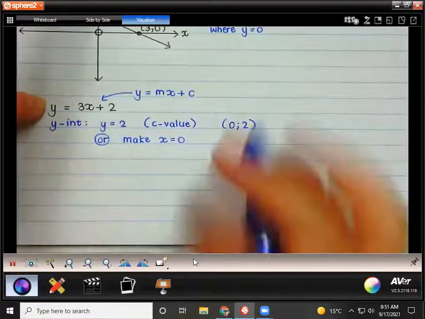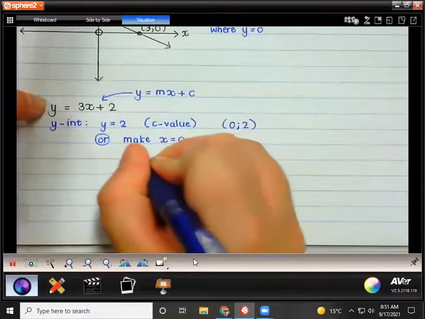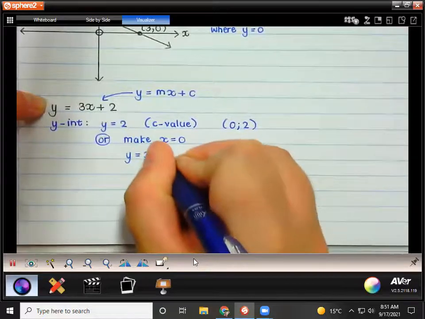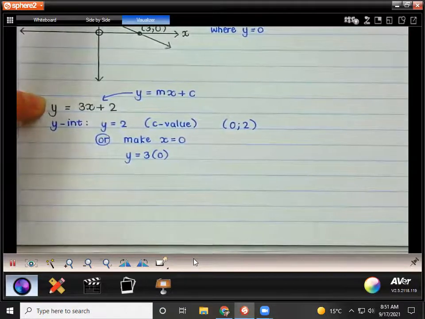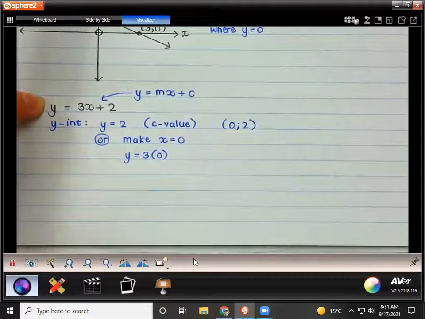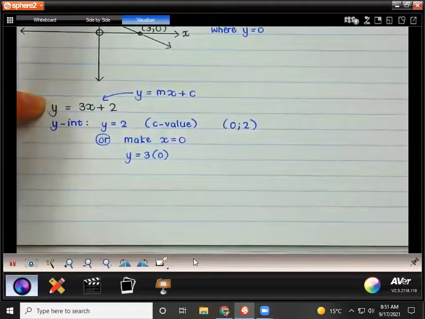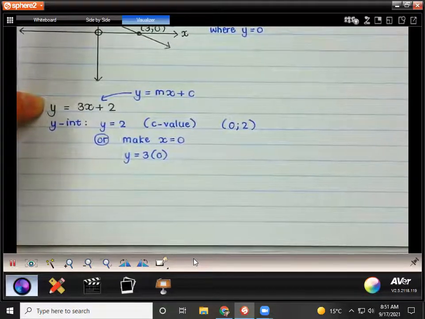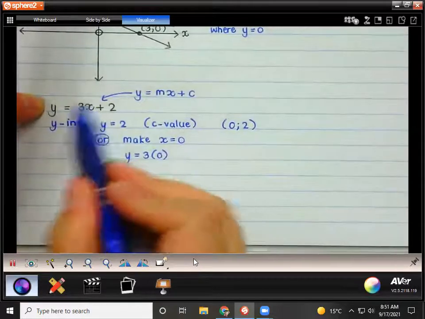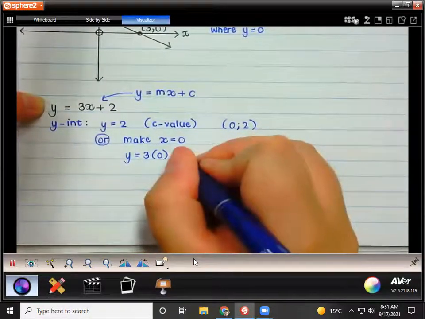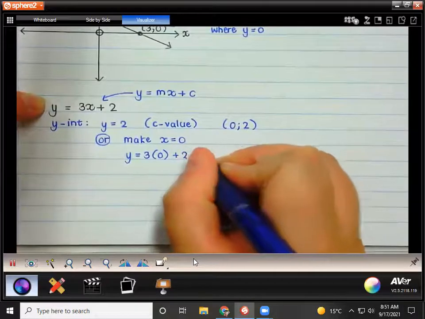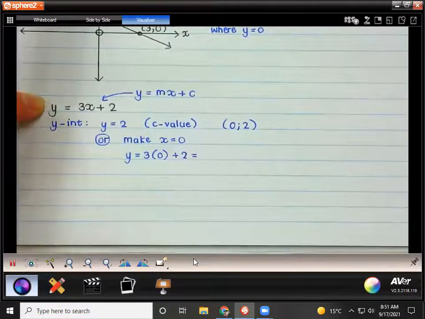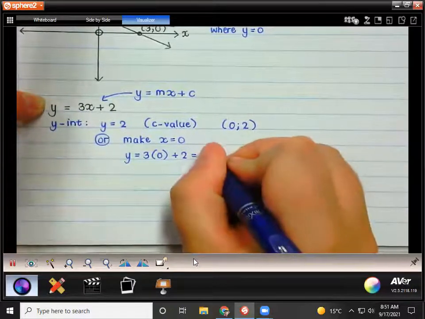So in our equation, we're going to say y is equal to 3x plus 2, but now we're making x equal to 0 because we know at a y-intercept the x value is always 0. So we make x 0 in our equation. So it's 3 times 0 plus 2. What's that, guys? What's 3 times 0? 0. Plus 2? 2.